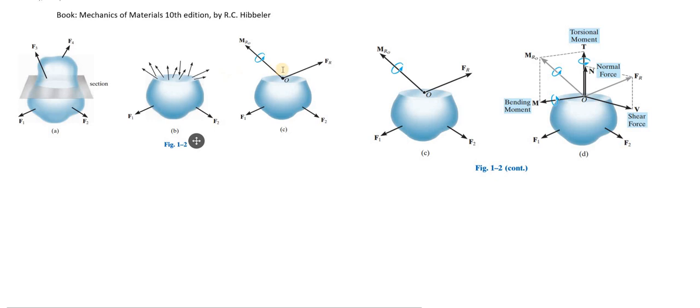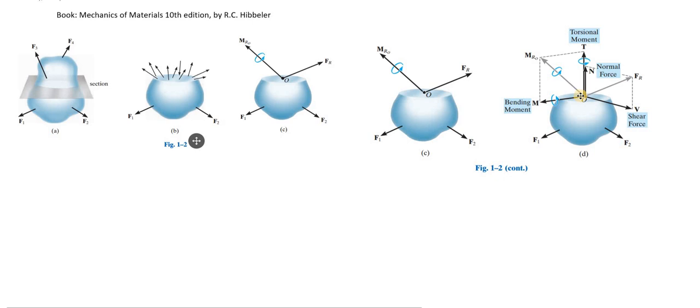Now this Fr, the resultant force, and the resultant moment Mr, you can resolve them into components. For example, Fr can be resolved into a component normal to the cross section, and another component tangential or parallel to the cross section.